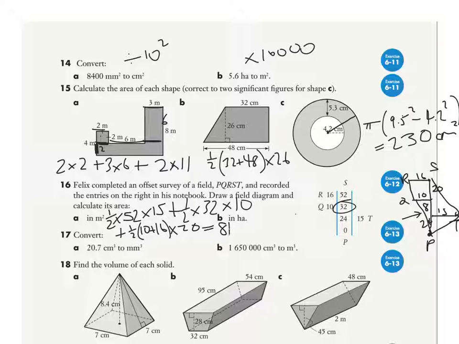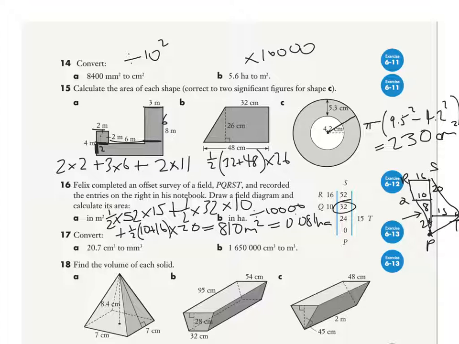Now you get 810 meters squared. Now in hectares, we need to divide by 10,000, which gets us 0.081 hectares.